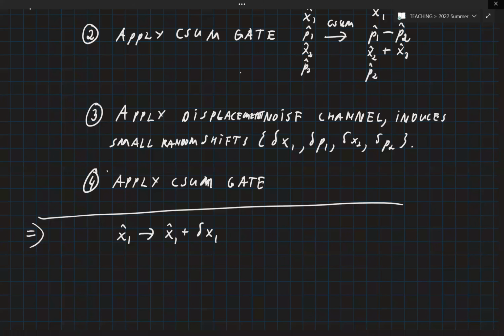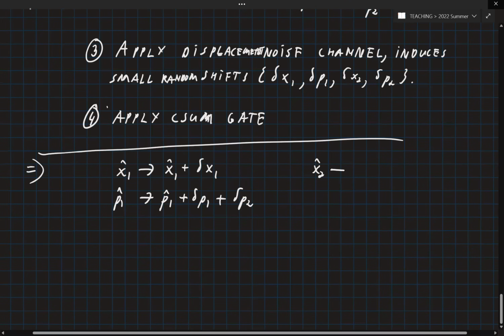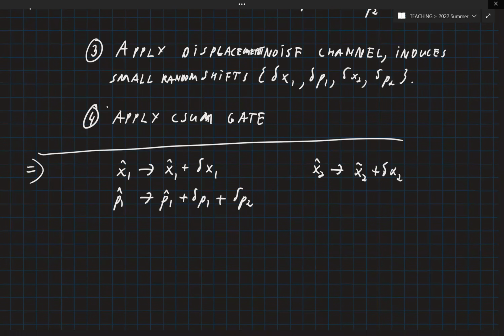X1, nobody touches it except the noise. P1, well, P1 gets some noise of its own, but it gets some noise from the other one because of the C-sum gate. X2 gets some noise and gets some noise from X1.